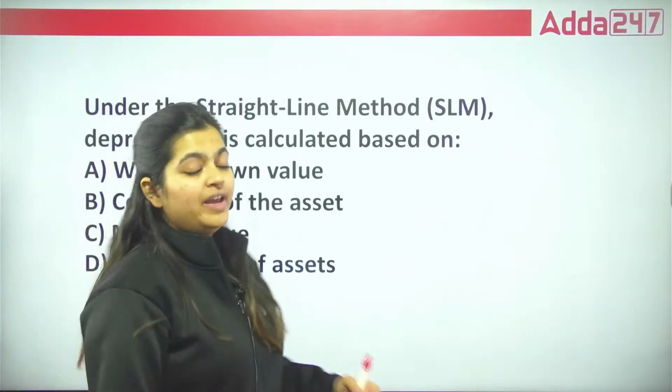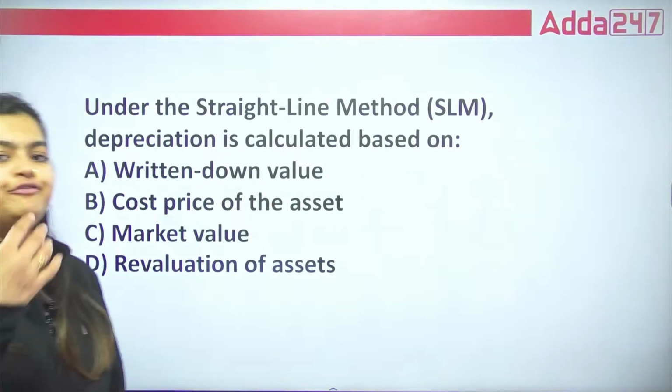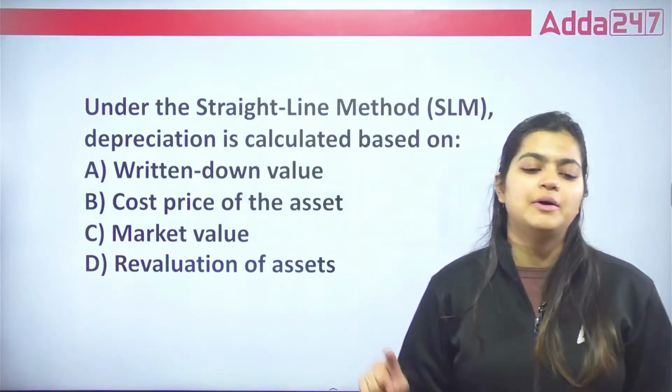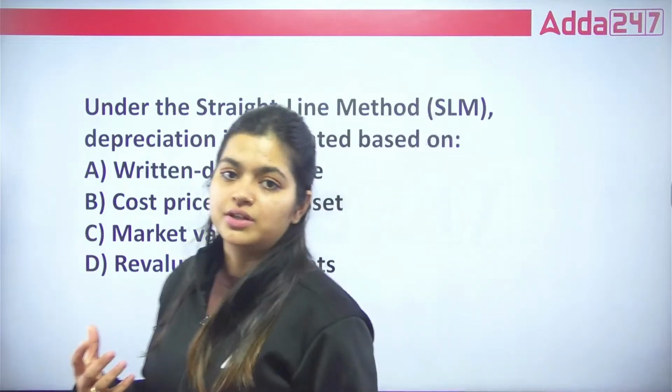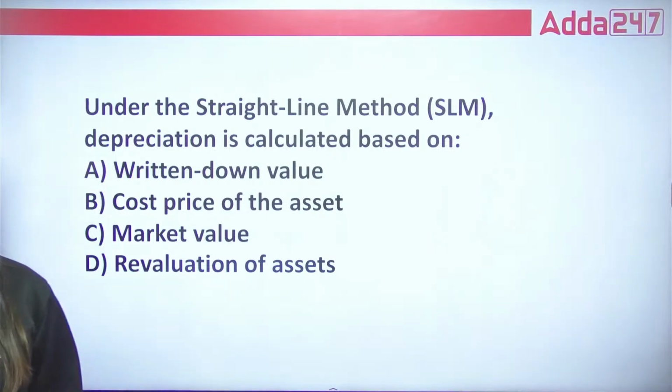When you are solving depreciation, we have 4 methods. Under those 4 methods, the first method is the straight line method. So how do you calculate depreciation? Based on A, written down value, B, cost price of the asset, C, market value, D, revaluation of asset.